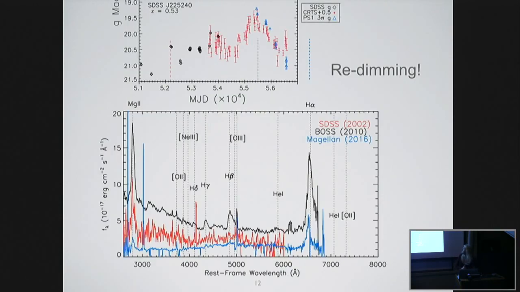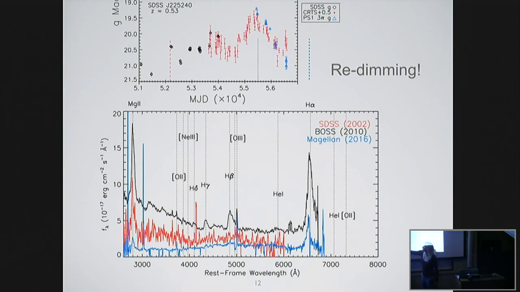And just the last one I'll show. This is actually a quasar from the systematic search, because it has a Sloan and BOSS spectrum, which showed it to turn on. But then we followed it up with Magellan, and that's shown in blue here.